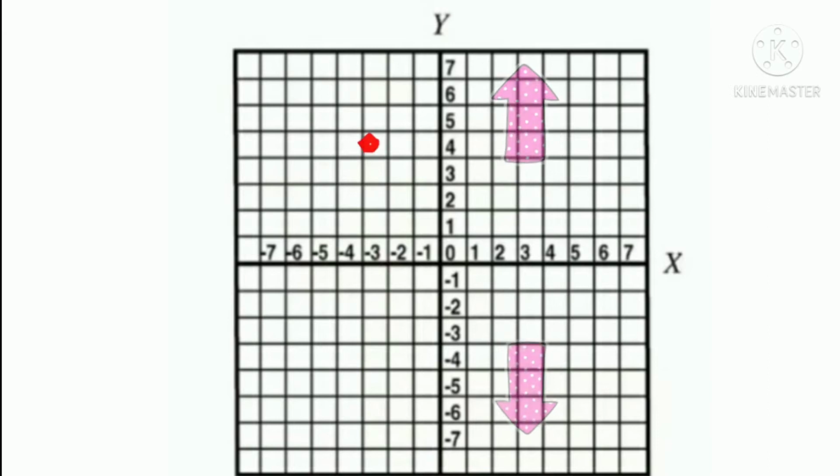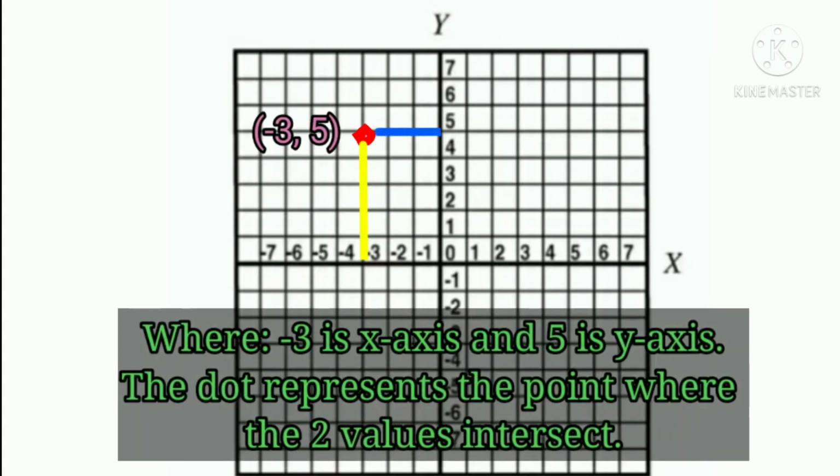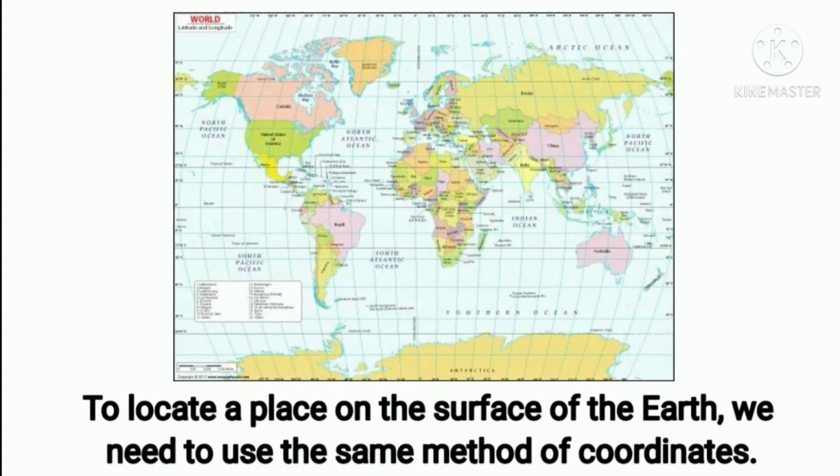The sample point has a unique coordinate of -3 and +5. So -3 is on the x-axis and +5 is on the y-axis. The dot represents the point where the two values intersect. To locate a place on the surface of the Earth, we need to use the same method of coordinates.